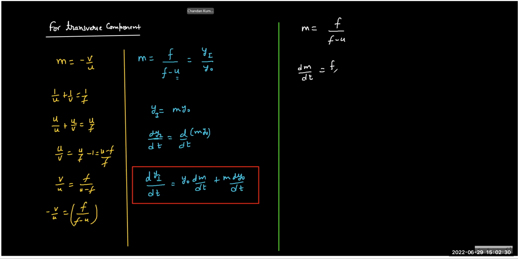So it will become f upon f minus u whole square into du by dt.